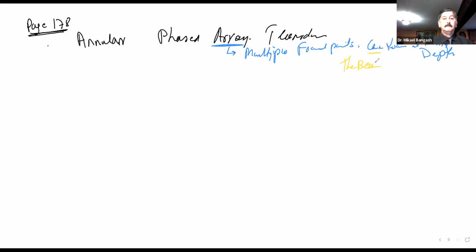Is that clear? So whenever you see the word array, we reference that we have multiple focal points in this image, or we can produce multiple focal points. Just because you can do something doesn't necessarily mean that you have to. Okay, guys? Even using multifocal transducers, or array transducers, you still may just want to focus at one point or one fixed depth.